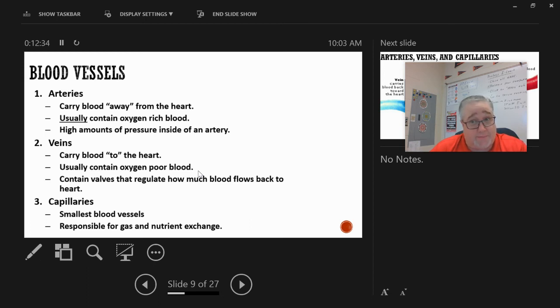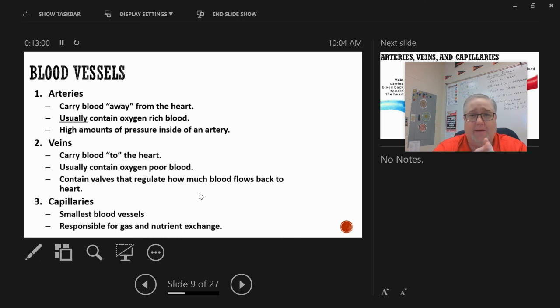Again, there is an exception to that, which we'll get into, but for the most part, they do carry that. Your veins, the pressure inside is typically much less than it would be in an artery. And one of the big reasons why is because inside of your veins, there are little valves that open and close that regulate how quickly the blood flows back into your heart.